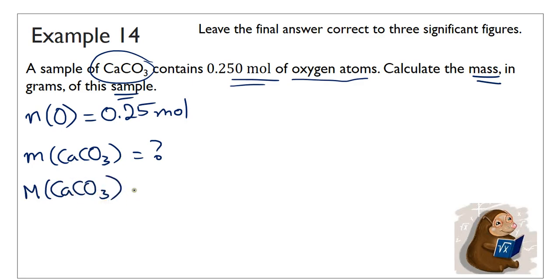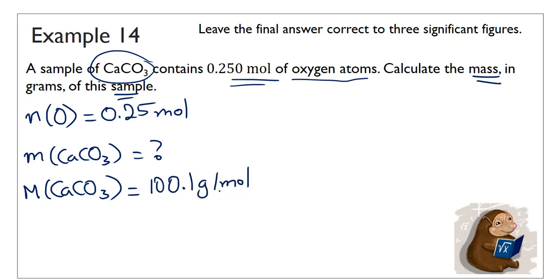So I'm just going to do it here. You need 40.1, which is the molar mass of calcium. Or maybe it is 40.1. We'll go with 40.1. So 40.1 plus 12 plus 48 is going to be 101. So you have to work out the molar mass of calcium carbonate.